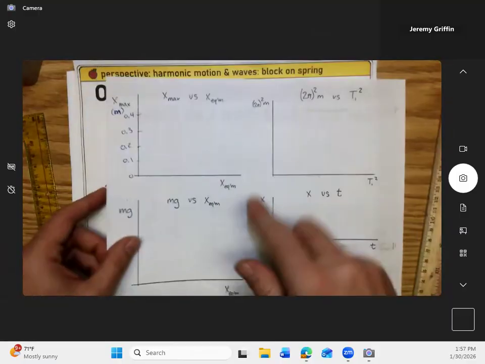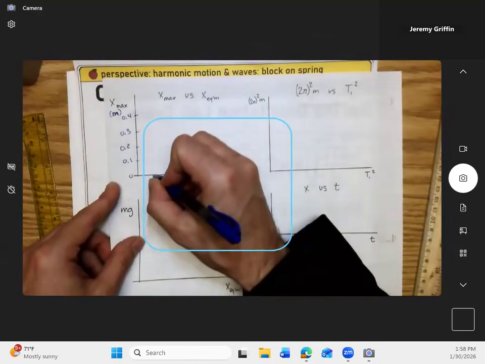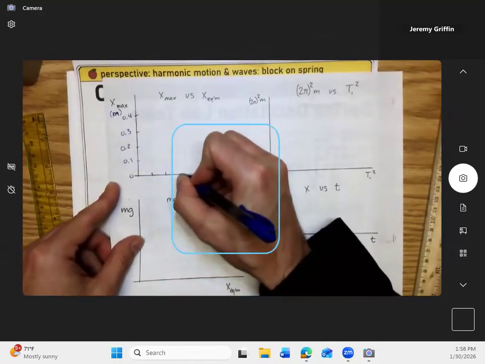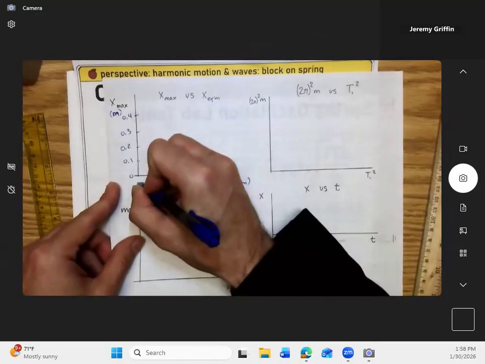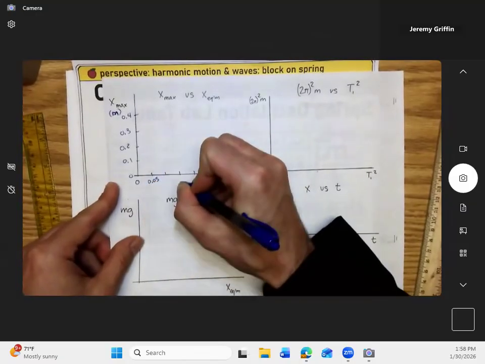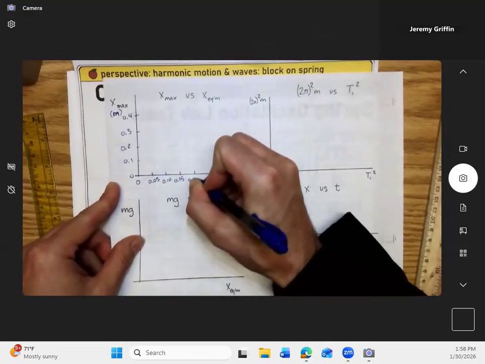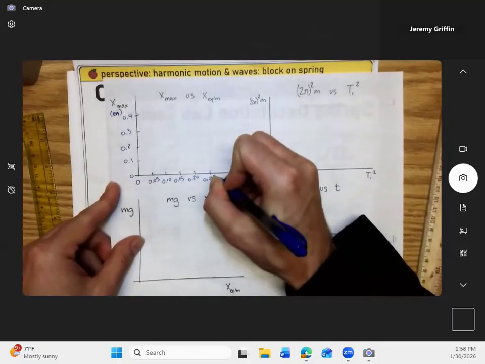All right, X equilibrium, probably about the same thing. I'll put meters, and let's do 5, 10, 15, 20, 25. So 0, 0.05, 0.10, 0.15, 0.20, 0.25. These are all meters.